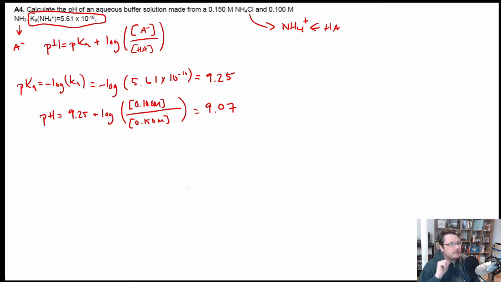So that's just one thing to keep in mind, especially when doing these buffer problems: the pH of your buffer is typically going to lie somewhere within about 1 in either direction of the pKa in most cases. Once you start getting outside of that region, things start breaking down in terms of being able to use the Henderson-Hasselbalch equation and it actually being a buffer, because the ratios start to change a lot in those cases.